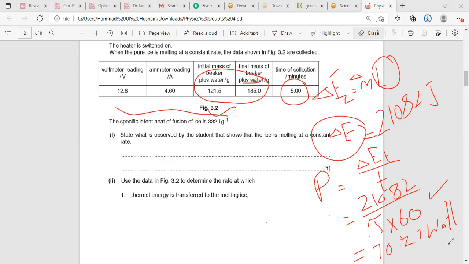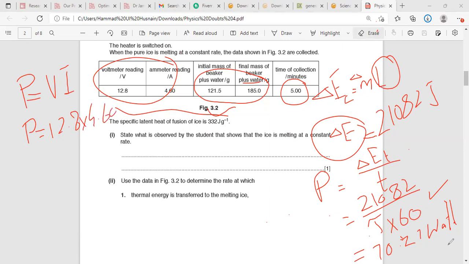We are given the values of voltage and current here, so we can use this data to find power from the formula P is equal to VI. So just plug in the values: 12.8 multiplied by 4.60. What will be the answer?